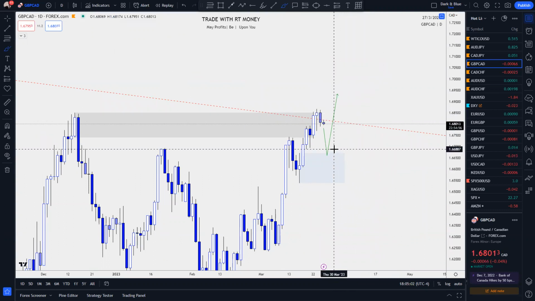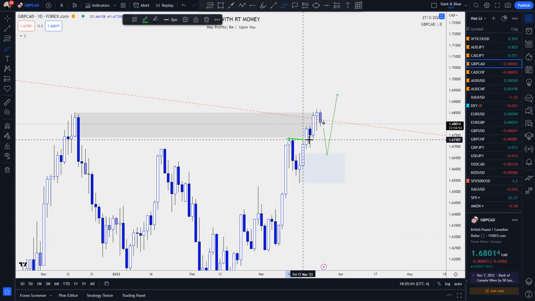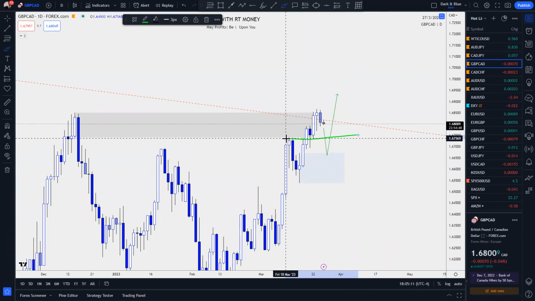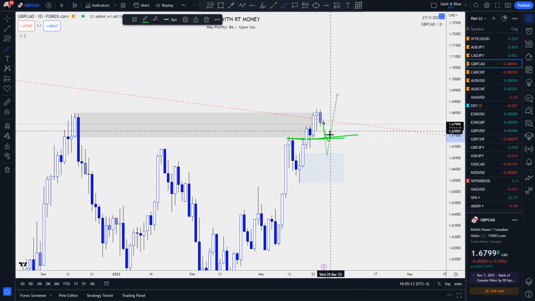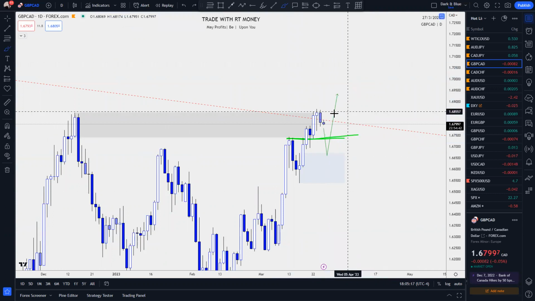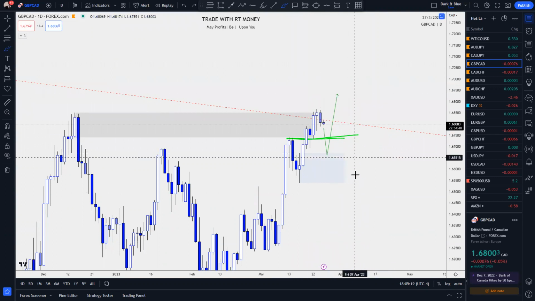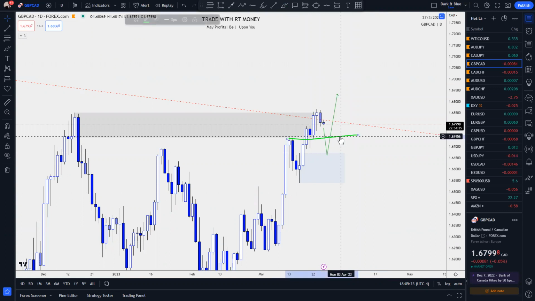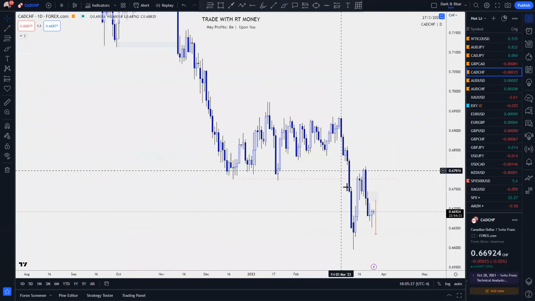I don't have to. I'm waiting for price to give me my price. This 1.675 area might give some confirmation for a demand for a buy, and I'll carefully scrutinize that area. Just letting you know.